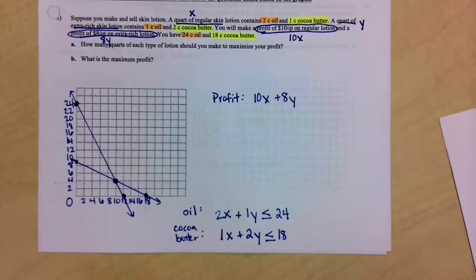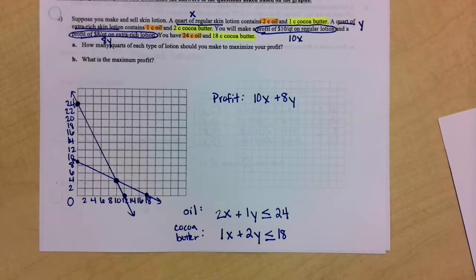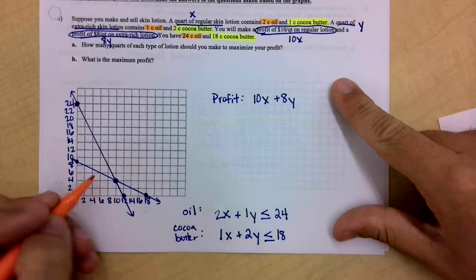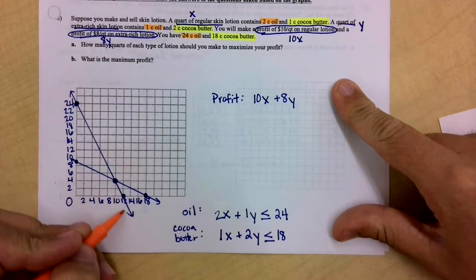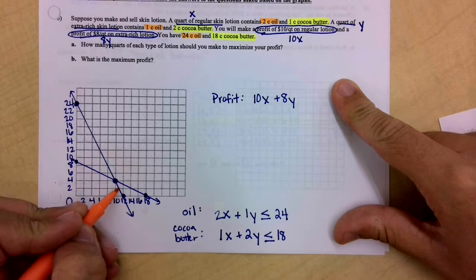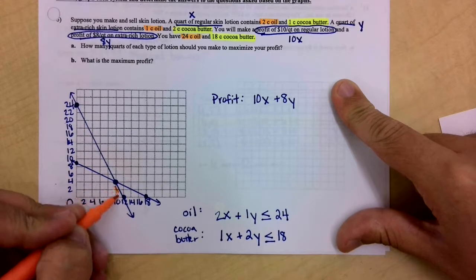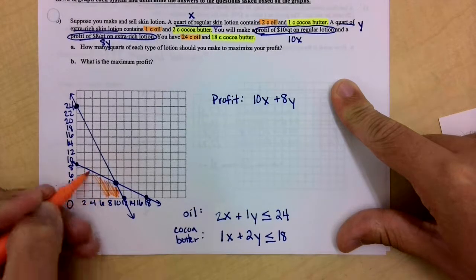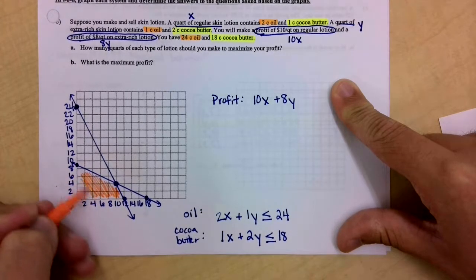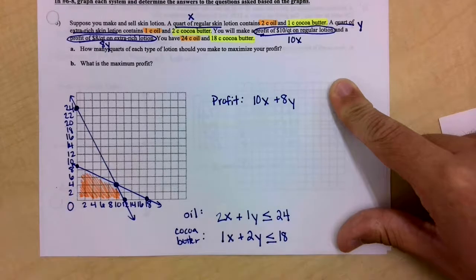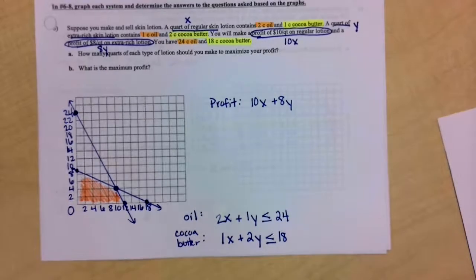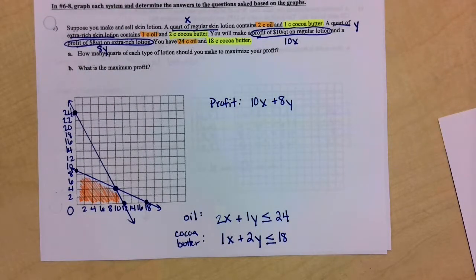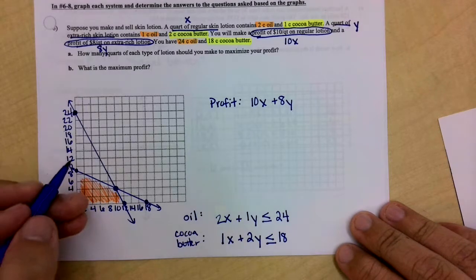Now, remember less than means below. So my feasible region here needs to be below this line and below this line. So underneath this tells me that I need to be in this section of the graph. So now let's actually go and try to figure out what the vertices are.